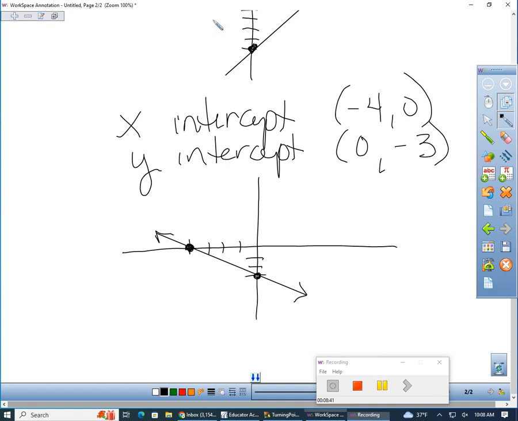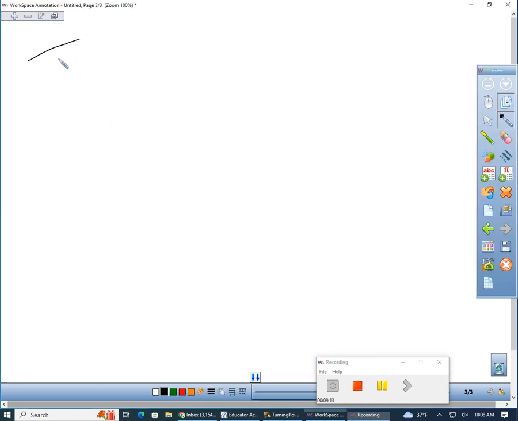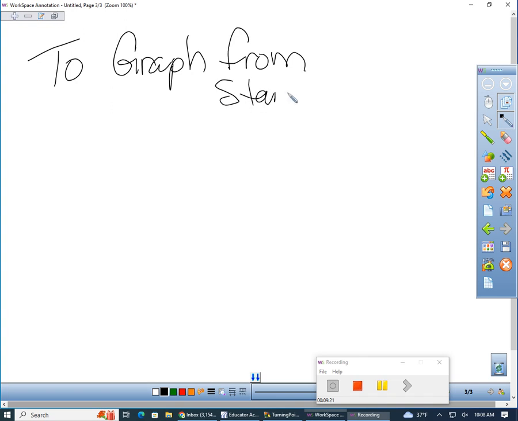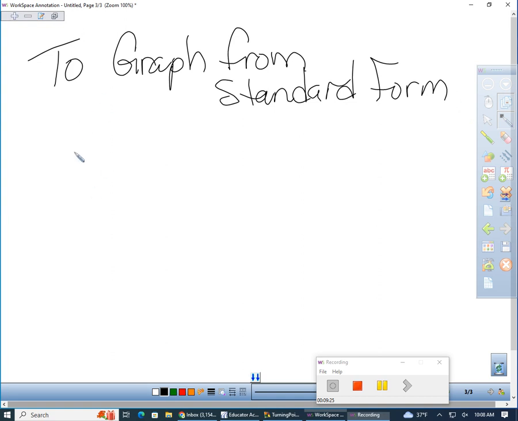I want to talk about the steps for graphing. So you guys are up here still. To graph from standard form. Step 1, find x and y intercepts.